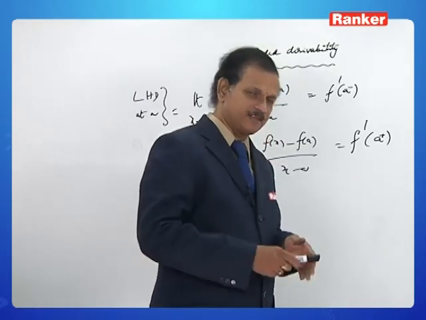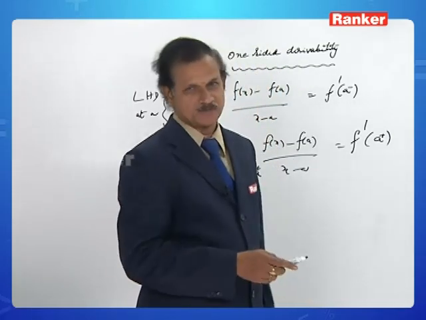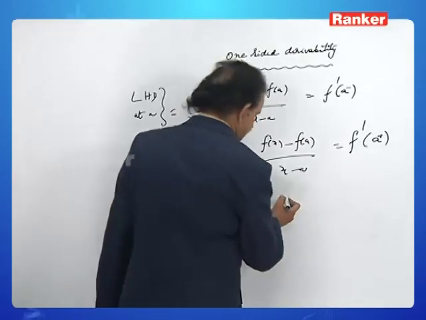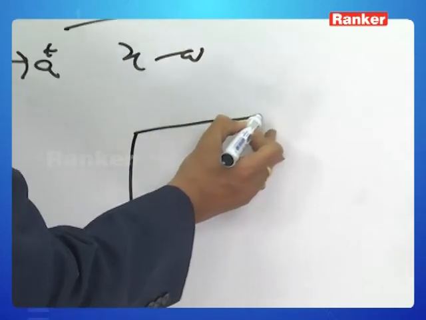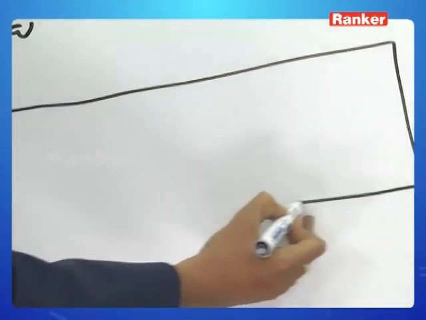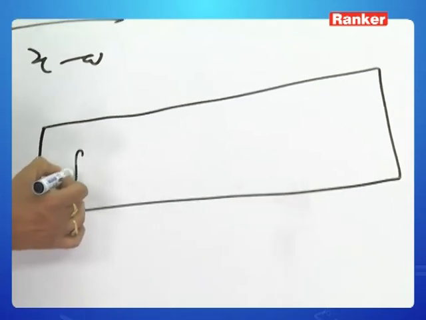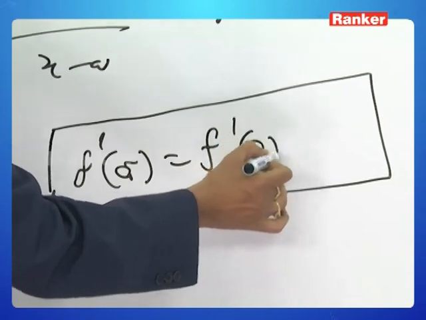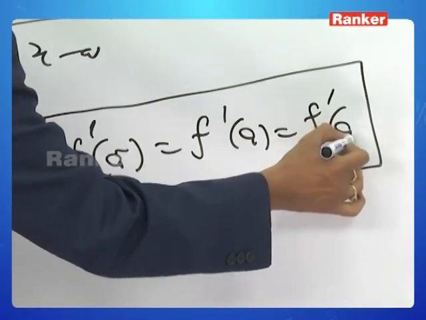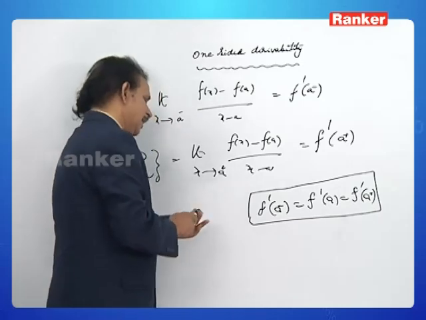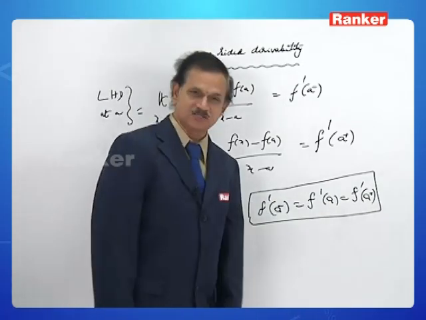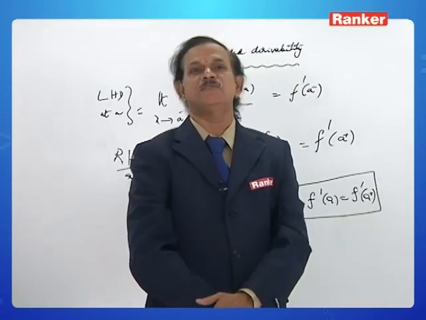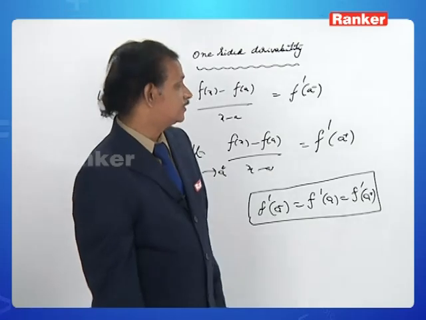Then only we say that f is derivable, and the common derivative is of course called the derivative of f at x is equal to a. In short, f dash a from left is equal to f dash a is equal to f dash a from right. If such things happen, then only we say that f is derivable at x is equal to a.